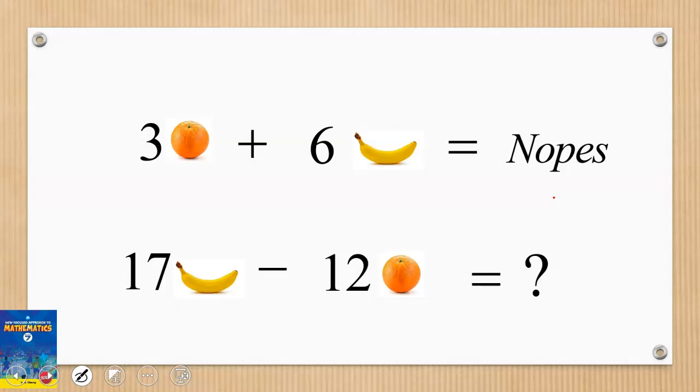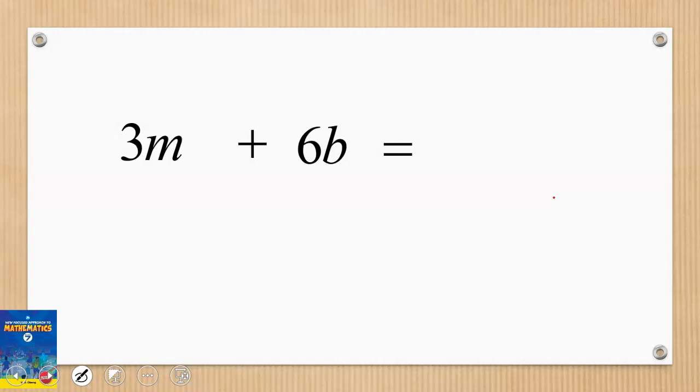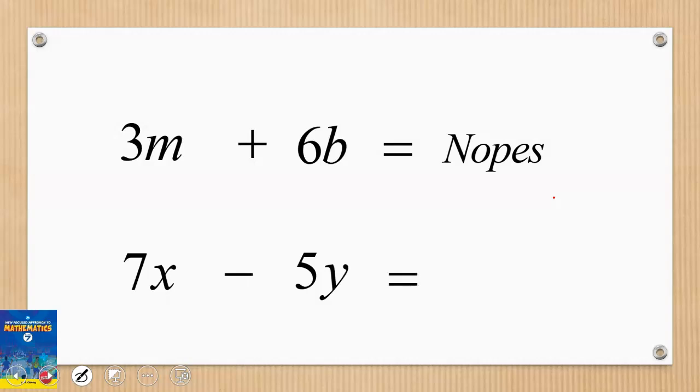Now observe this. If I say 3m plus 6b, what will be the answer? Well, it doesn't make sense either. So here we say no answer, because I can't have 3 mangoes and add them to 6 bananas and want to write a single number to represent that. Again, if I say 7x minus 5y, of course, that wouldn't give me any answer.